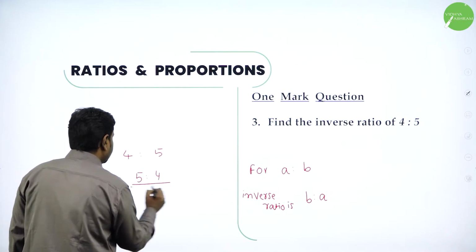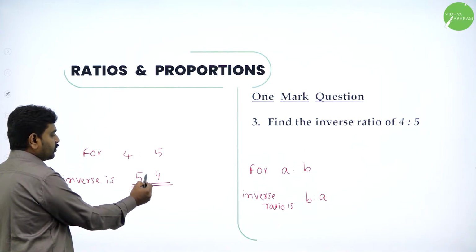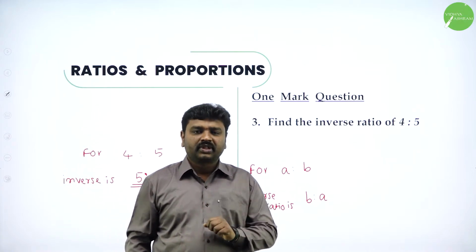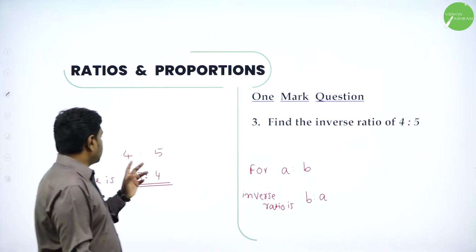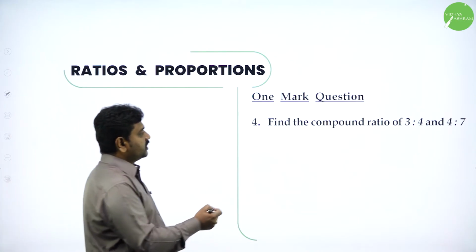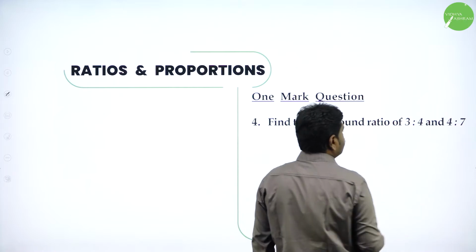So answer is 5:4. They want inverse ratio. You see, for A:B, inverse is B:A. Means change antecedent to consequent and consequent to antecedent. For 4:5, inverse is reverse of it, 5:4.